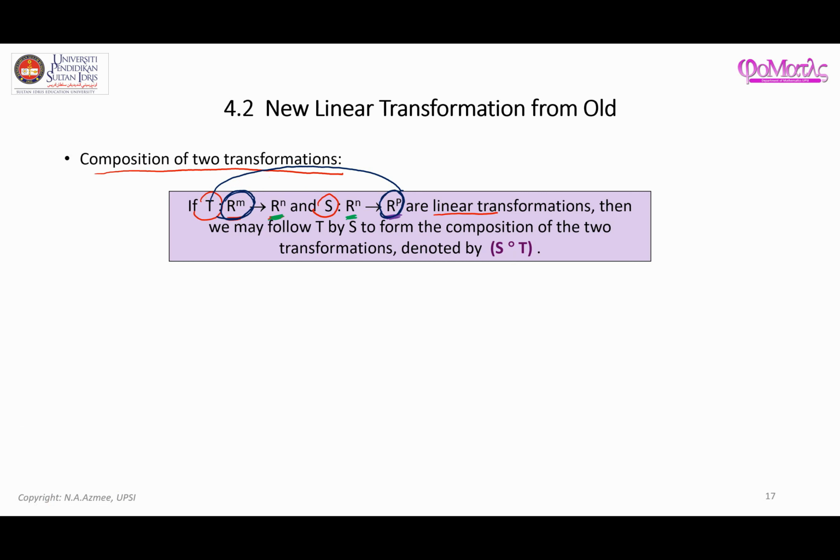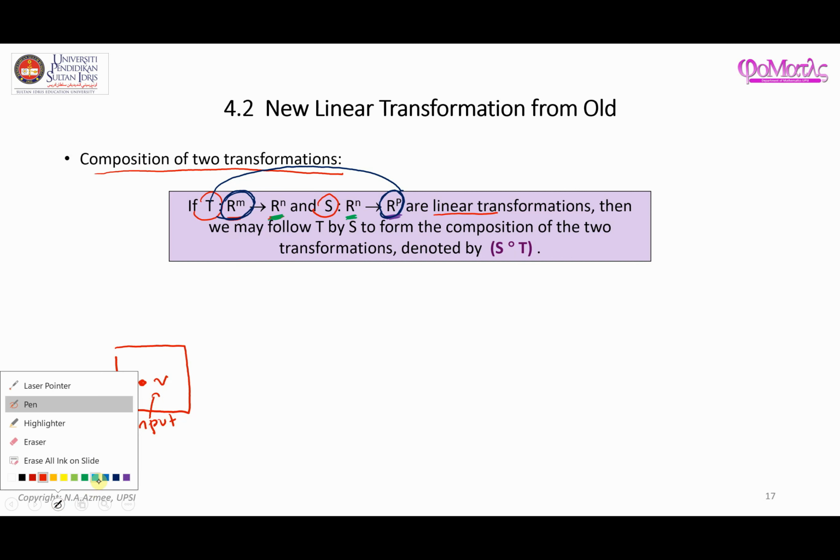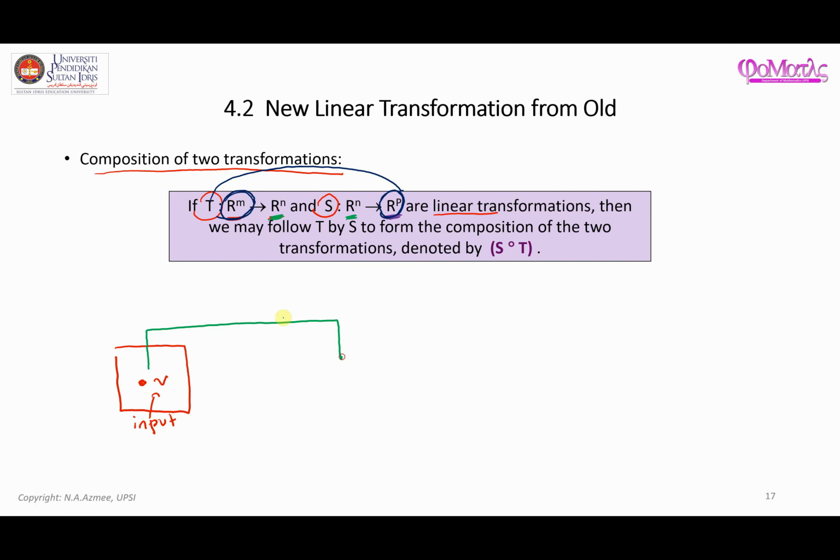So let me just try and visualize the whole process. Imagine we have this input here. V here is the input. And then we have this transformation T that takes this input. The input will be supplied to this function, it will do some calculation, and the result is given in this box.